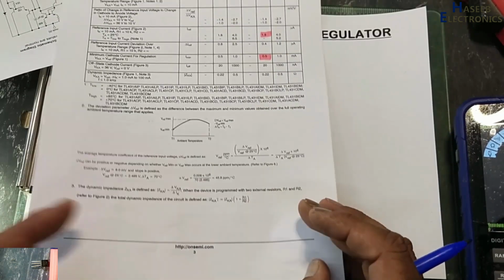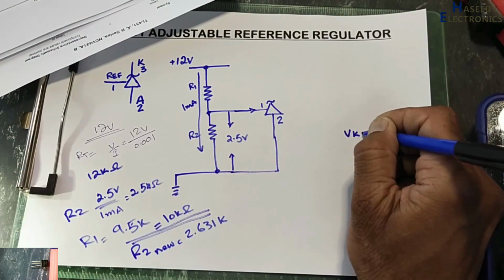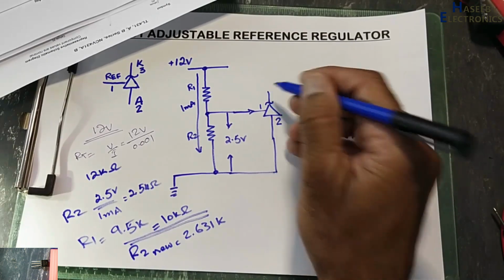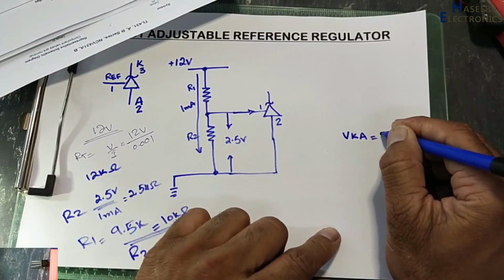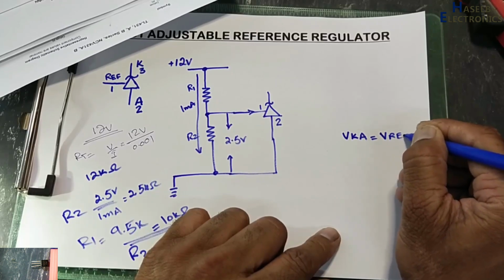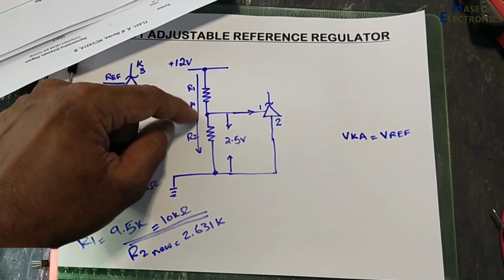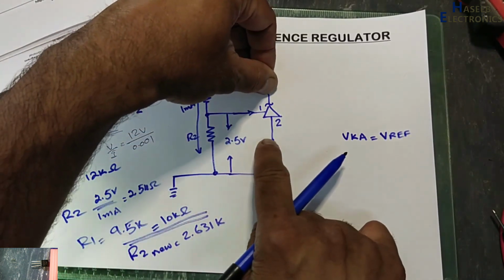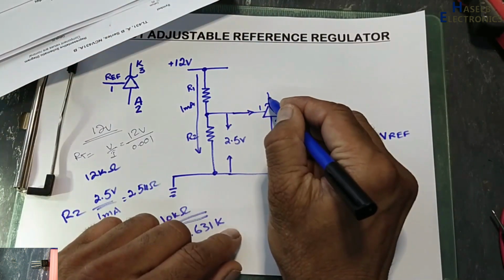But most of the time VKA, the voltage dropped across cathode to anode between these 2 points, is very close to V reference. We can say when we provide 2.5 volt, it will drop 2.5 volt between these 2 points.